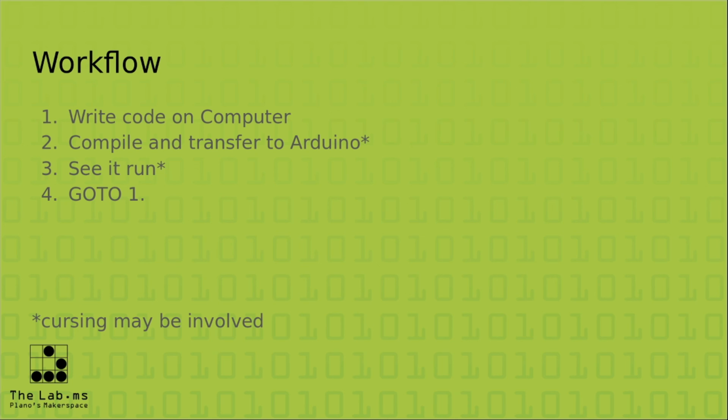Then you'll see it run, and then you will most likely see it fail, because it's an iterative process. You're going to make mistakes and so on and so forth, and then you basically just repeat that process. There usually is cursing involved. Whenever I do programming, there is almost always cursing. So that is basically up to you how much cursing will be involved.